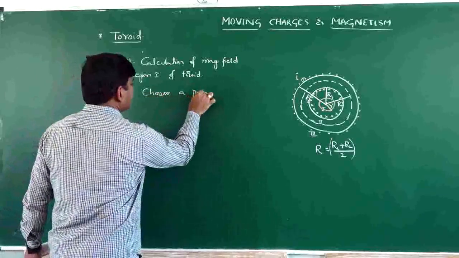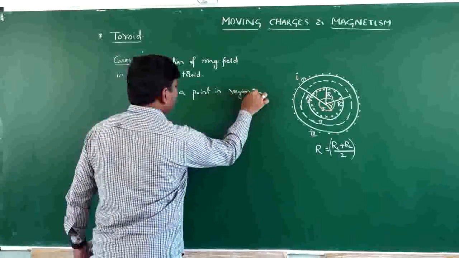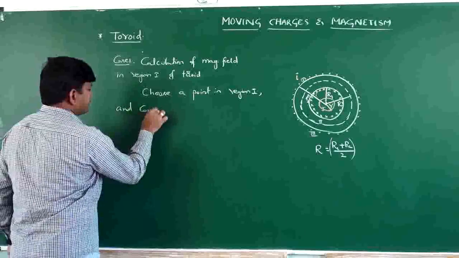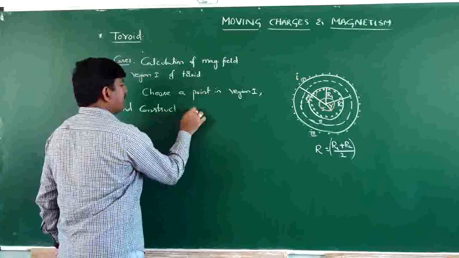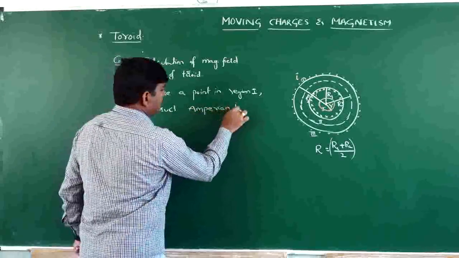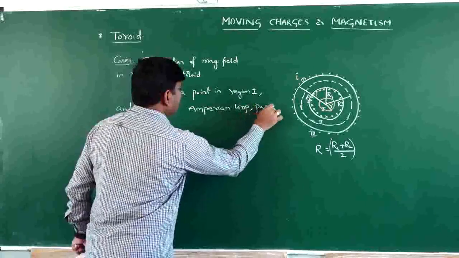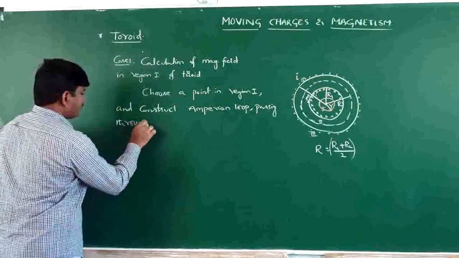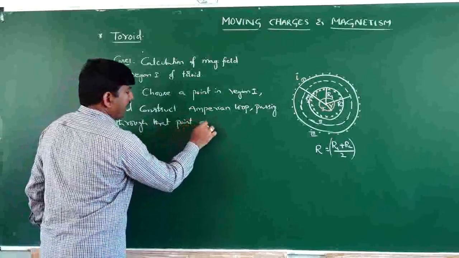Choose a point in region 1 and construct a circular Amperian loop passing through that point, as shown.